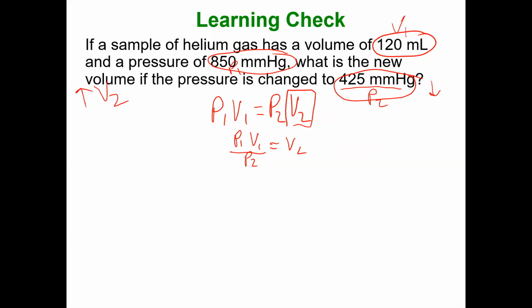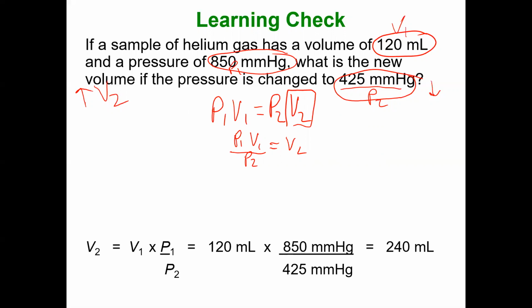Either way is fine. You can plug in the numbers directly or solve for it algebraically. Either way, you'll have the final answer of 240 mL. So we see that this makes sense. Pressure decreased, so volume must have increased to account for the fewer collisions. And we see that the final answer has 2 sig figs.